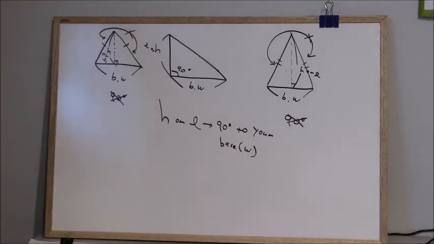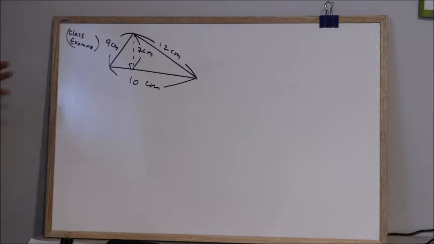Let's do some examples. Ladies and gentlemen, please pause this video if you need to and copy this diagram. Once you copy this, I'm going to explain. So, I have a triangle over here. I have 10 centimeter, 9, 7, 12.